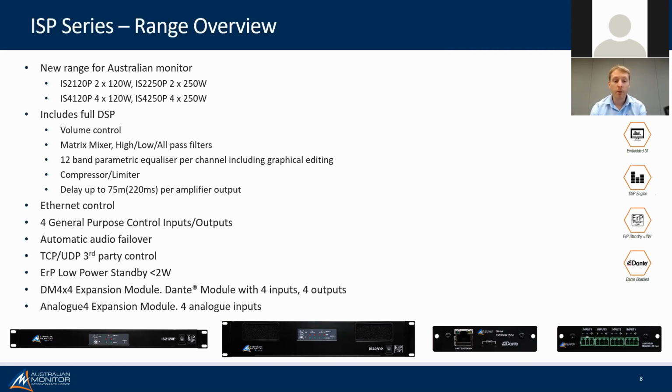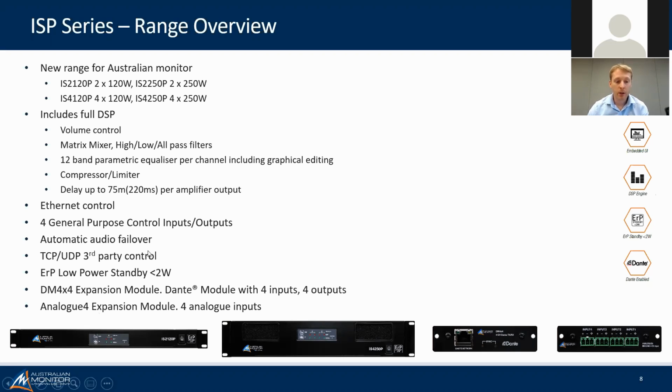There are 4 general purpose inputs and outputs, and again, they are under software control. So they allow you to monitor the system, to trigger mutes, to trigger presets, and a whole bunch of other features, and that can be configured within the software. There is an automatic audio failover that allows you to monitor any of the input channels that are going to the power amplifier output, and if the signal is lost, it can automatically transfer over to another channel, just to make sure that you have continuous audio.